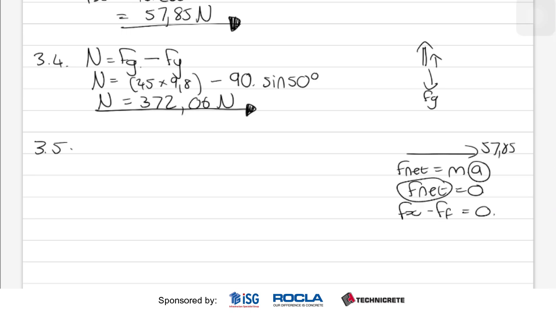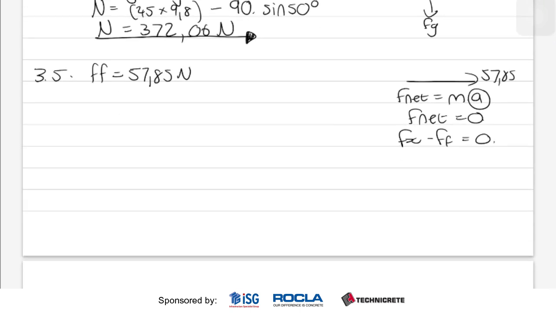This F net is the same thing as saying our F of x minus our friction, because you have an x component of your applied force going that way, and friction opposes the motion of an object, so we have a frictional force going that way. Therefore, your frictional force is equal to 57,85 newtons.